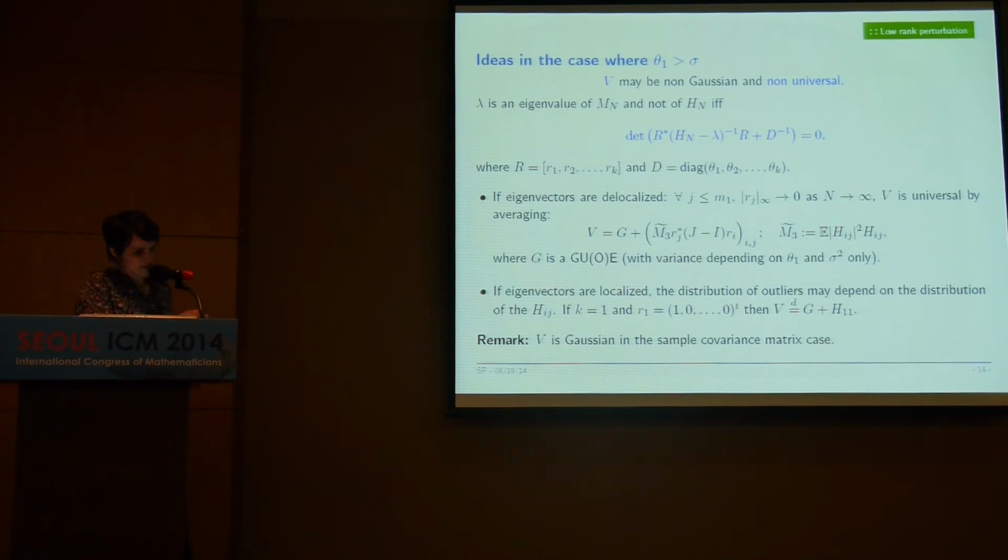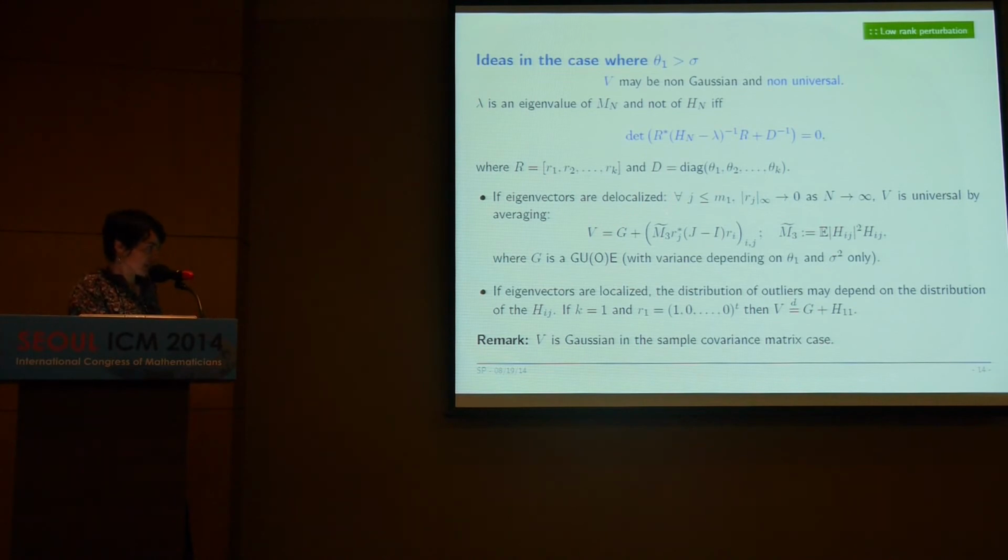Using the fact that the resolvent is in some way some diagonal matrix with almost universal limit, it's not so difficult to believe that if one considers the case where θ1 is greater than sigma, the associated eigenvectors are delocalized, so uniformly spread among the n canonical vector bases, then this equation becomes some kind of averaging of the resolvent entries, and roughly speaking, we can believe that in this case V will indeed be universal.